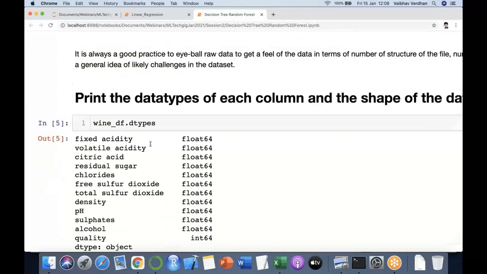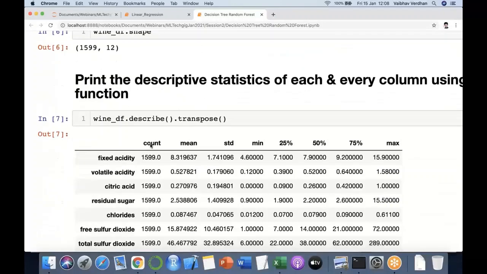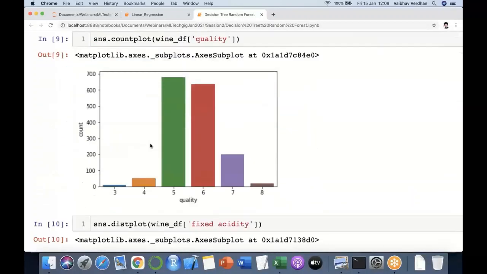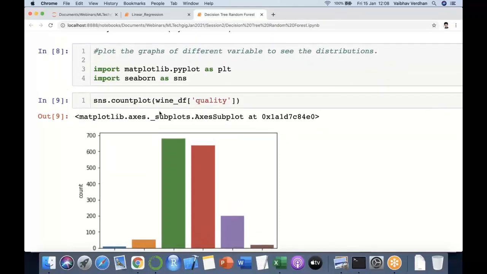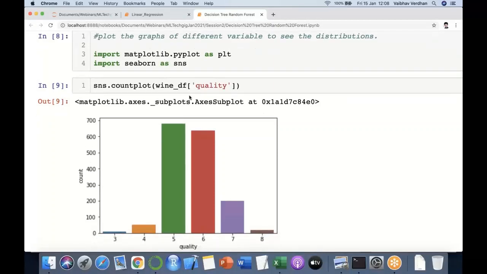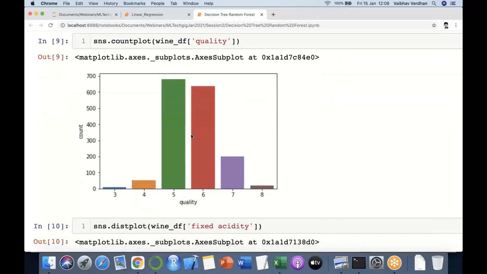I did my descriptive stats, I did my univariate. I wanted to explore on this one because this is how you can do EDA of your data. So this is the quality of your wine.